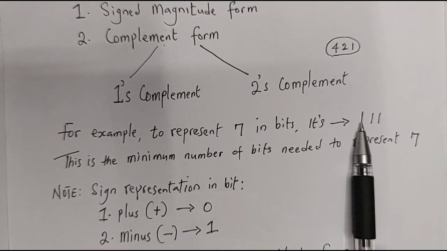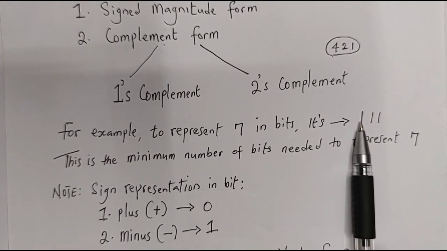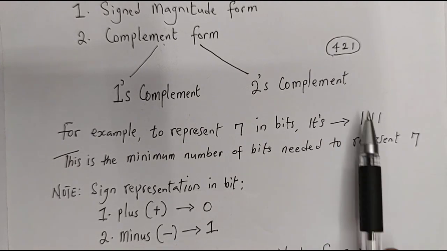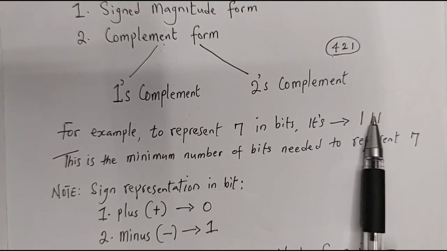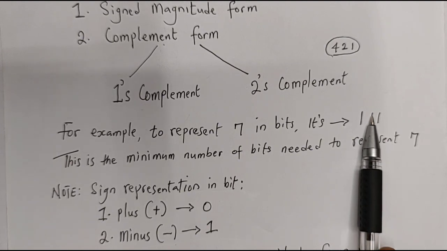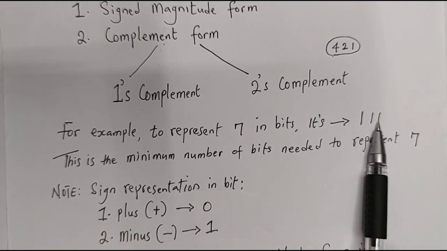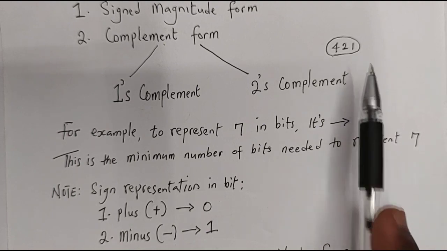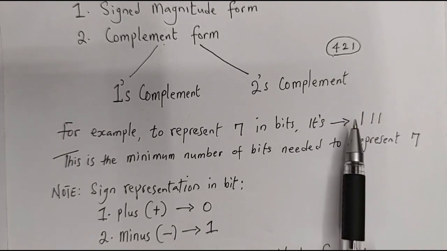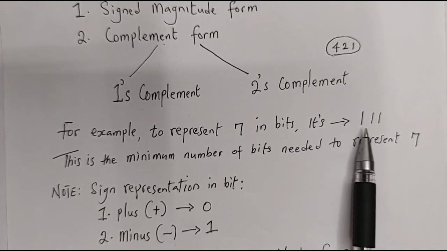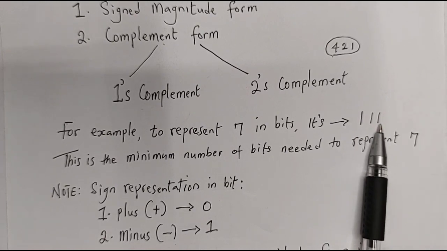The first digit, the first value is 1, meaning that 4 is present. The second digit or value is 1, meaning that 2 is present, and then you have the third value, which is 1, meaning that 1 is present. Now if you sum everything up, 4 plus 2 plus 1, it's going to give us 7.